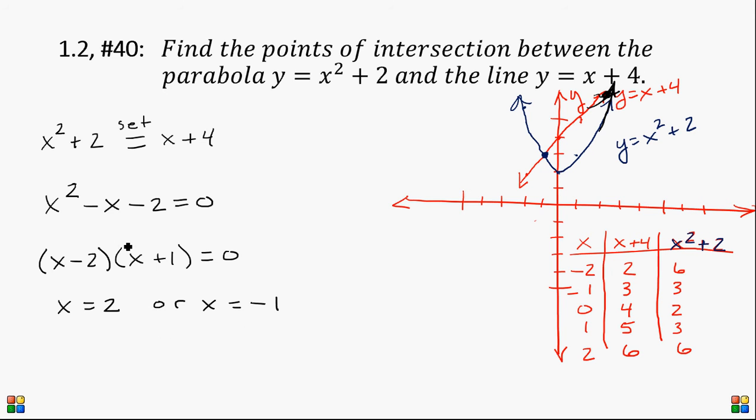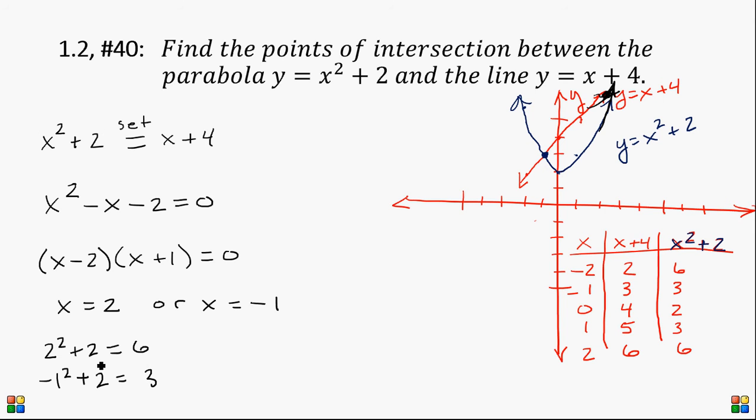Well, they do, because now all I have to do is take the two values and I can say, if x equals 2, then 2 squared plus 2 equals 6, and if x equals negative 1, then negative 1 squared equals 1 plus 2 equals 3.